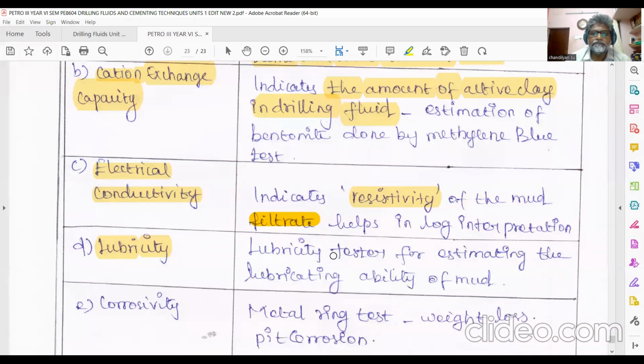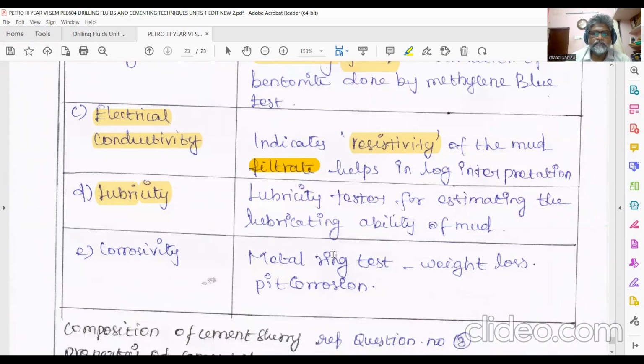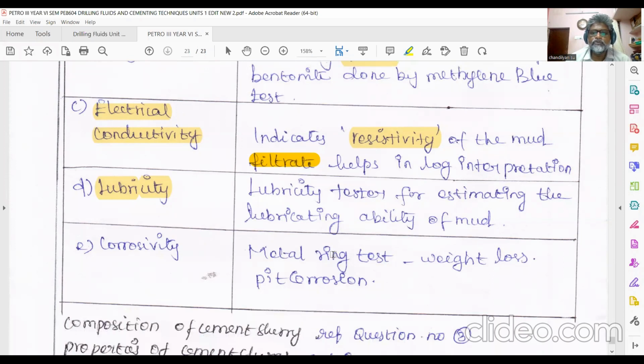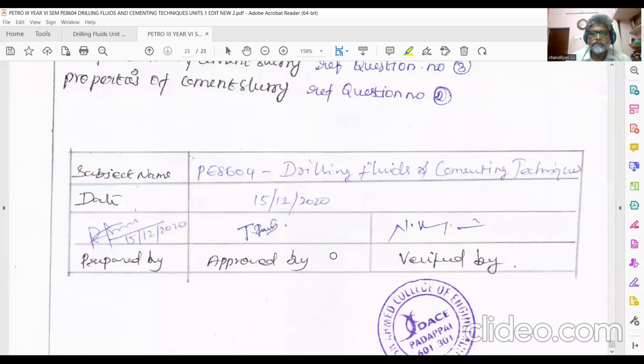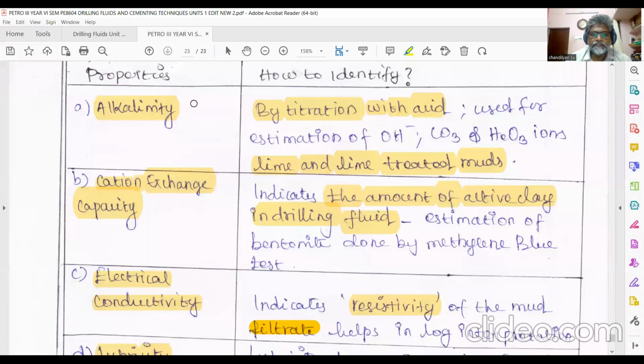Electrical conductivity is simply to measure the resistivity of the filtrate, and lubricity, as the name says, is the ability to lubricate, reduce the friction and absorb the heat. So that's it with respect to the base material, the handout which is given to you. Now we'll be going on to the additional units.